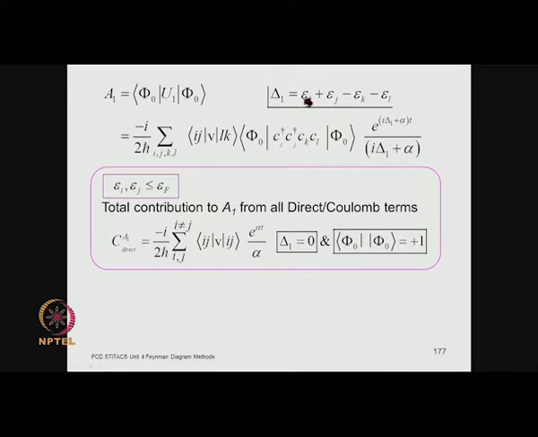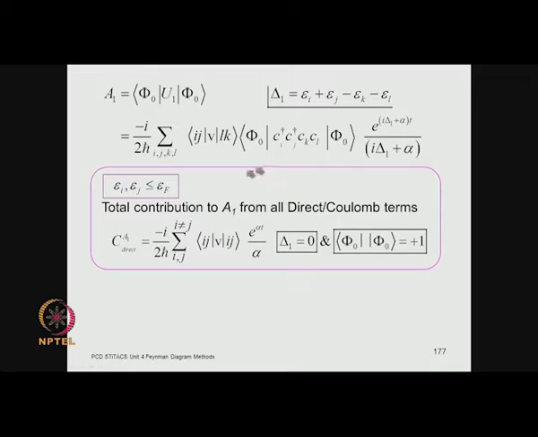Delta 1 is just the energy sum and difference, which is epsilon i plus epsilon j, because these two are creation operators, and then you have c_k and c_l. So, these two come with a minus sign. So, delta 1 is just the energy difference between all of these, and when k and l are respectively i and j, delta 1 will go to 0, right, because there are only two indices, epsilon k is equal to epsilon i and epsilon l is equal to epsilon j. So, you have delta 1 equal to 0, and this matrix element is now plus 1.